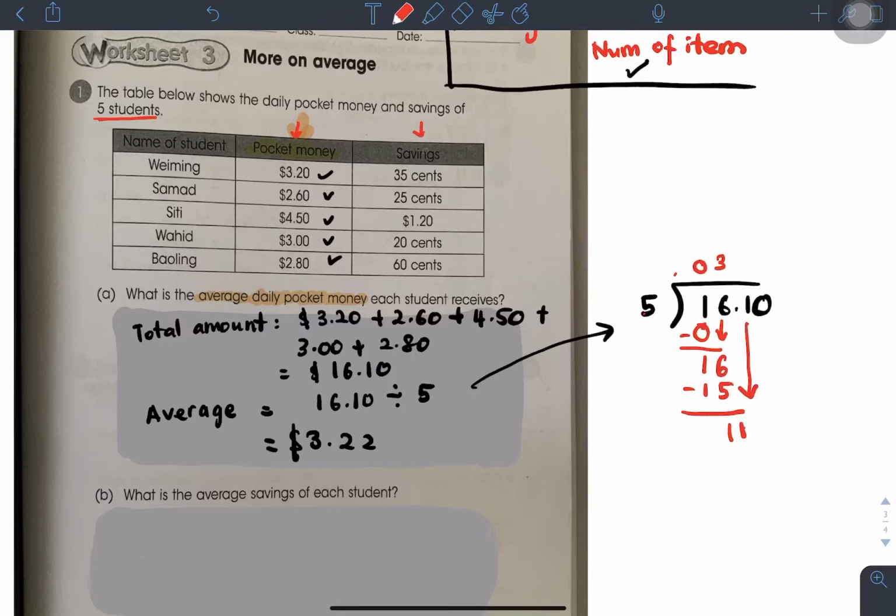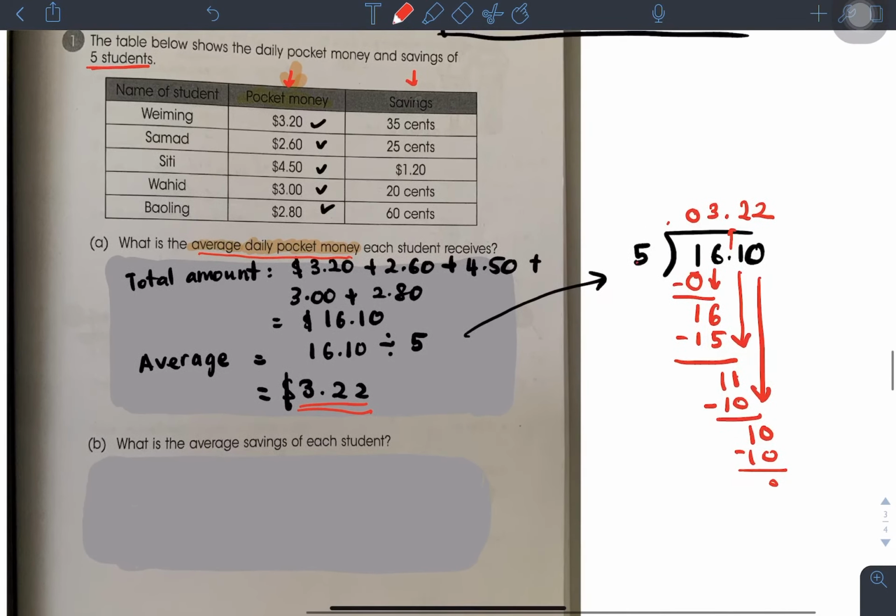Before that, don't forget to put the point. The nearest to 11 is 2. 5 times 2 is 10. We minus them and bring down 0. 5 times what gives 10? 2 again, and then we minus them. Don't be afraid when you see the decimal point. It's always the same method to get the answer. You just divide by 5. So this is the answer for the average daily pocket money.